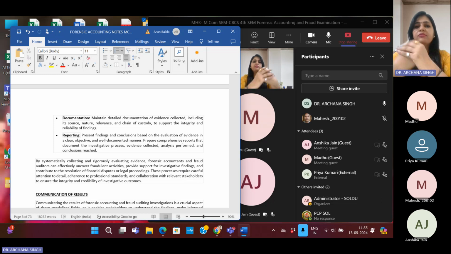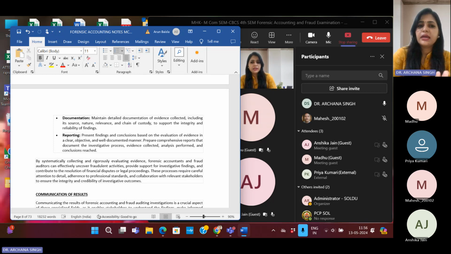Then reporting. After the investigation, they had to present the findings and conclusions based on that evaluation of evidence in a clear, objective and well documented manner.